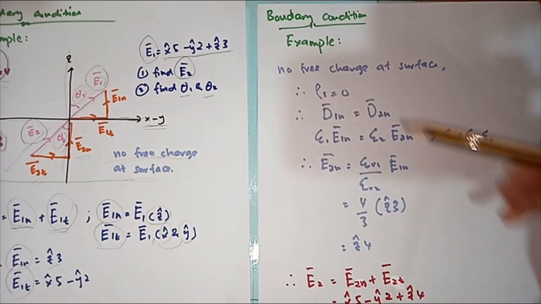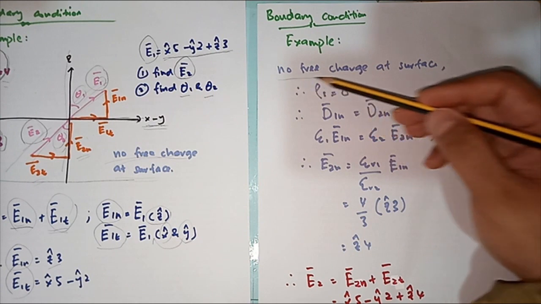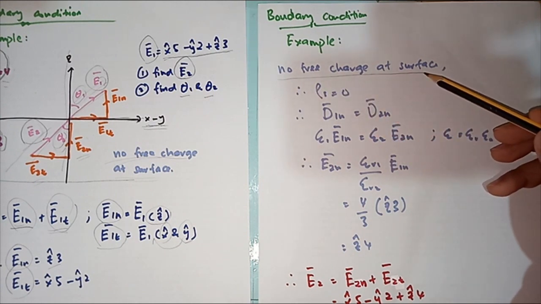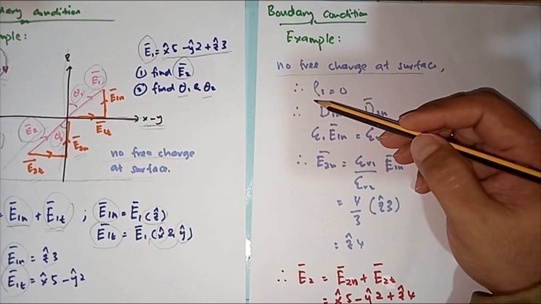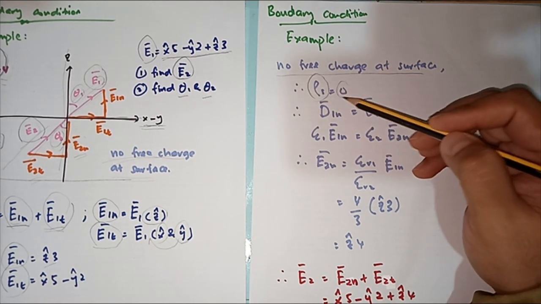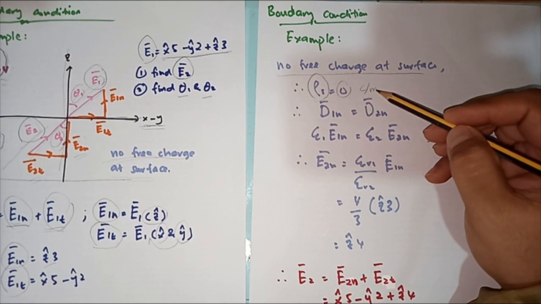By assumption that there is no free charge at the surface, as mentioned in the question, the value for rho s is equal to 0 coulomb per meter square.